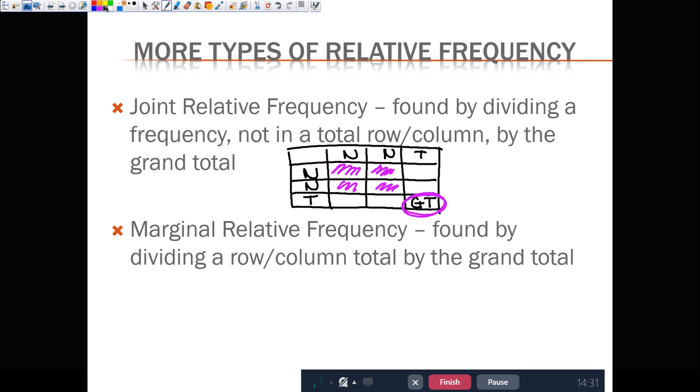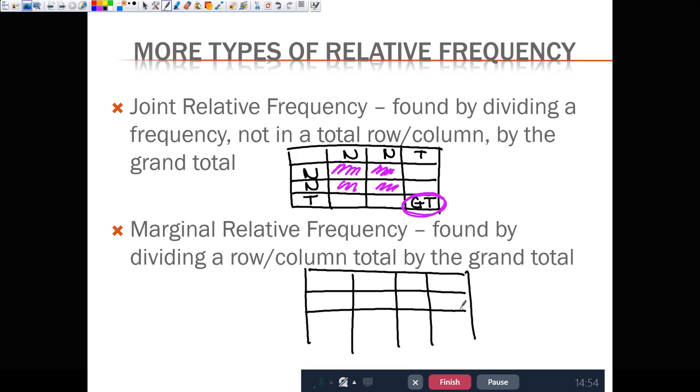Then our marginal relative frequency, marginal, it's like the margins, it is found by dividing a row or column total by the grand total. Again, you might want to make a little key for this. This is our name, total, total, grand total.